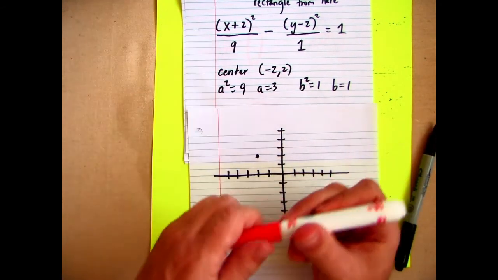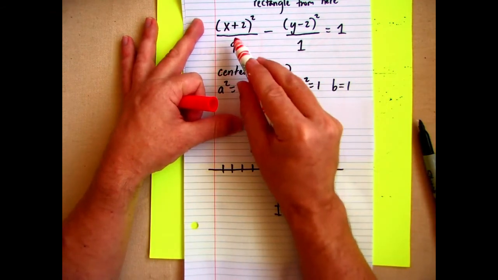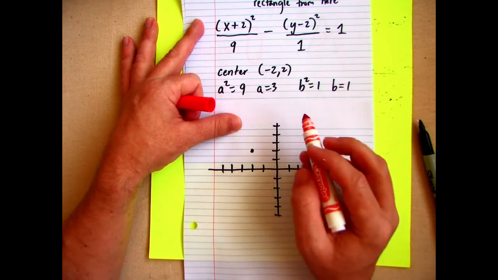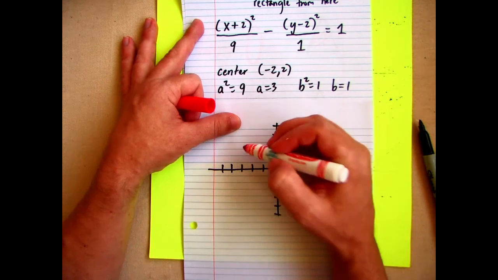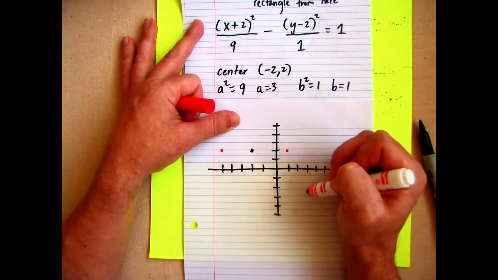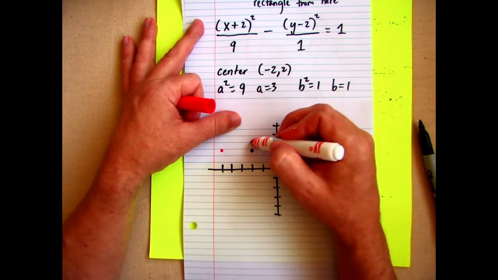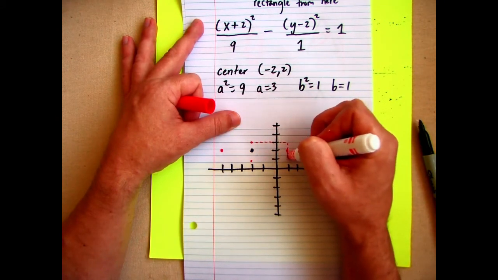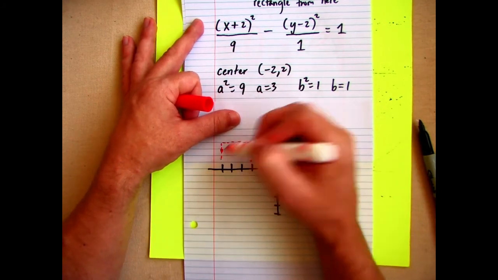So remember, a is 3, and since it's under the x, that's going to be a horizontal movement of 3. So I'm going to go 3 left and 3 right from my center. b is 1, so I'm going to go 1 unit above and 1 unit below my center, and that lets me construct this rectangle.